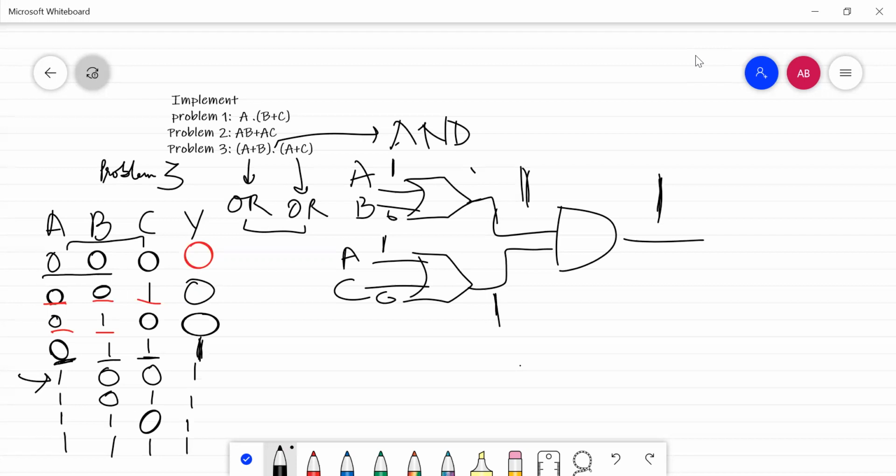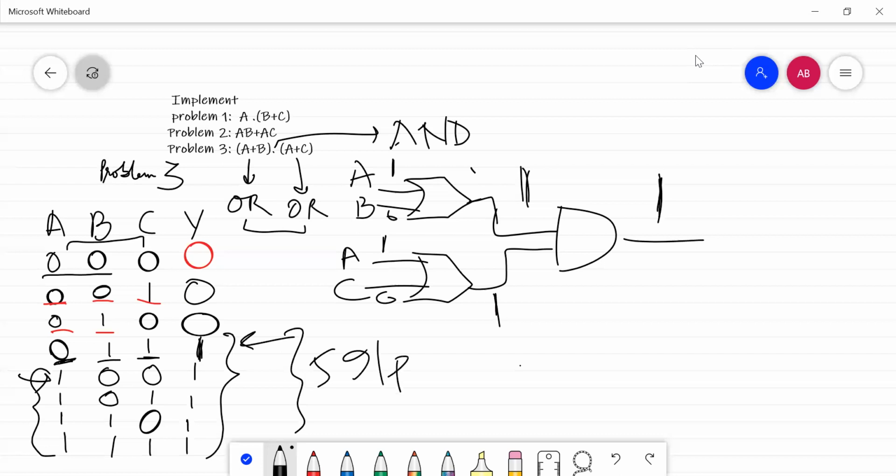This is the truth table we are going to look for. Whatever the input of B and C, we are going to get a high for all the values of A as high. But for this single combination, whenever B and C are both high while A is low, we are going to get a high. So for these 5 inputs, we are going to get a high.